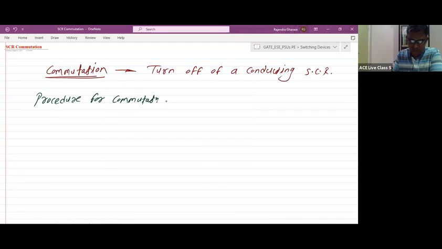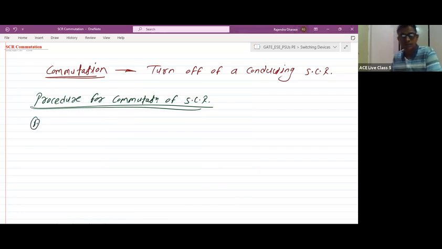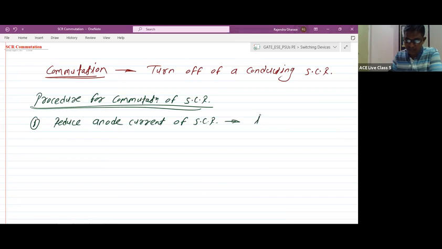First of all, we need to reduce the anode current value of the SCR, that is the current flowing through the SCR, such that IA becomes less than the holding current value.